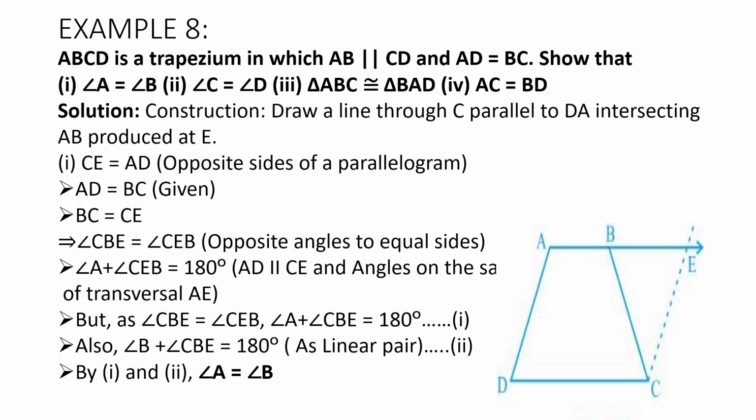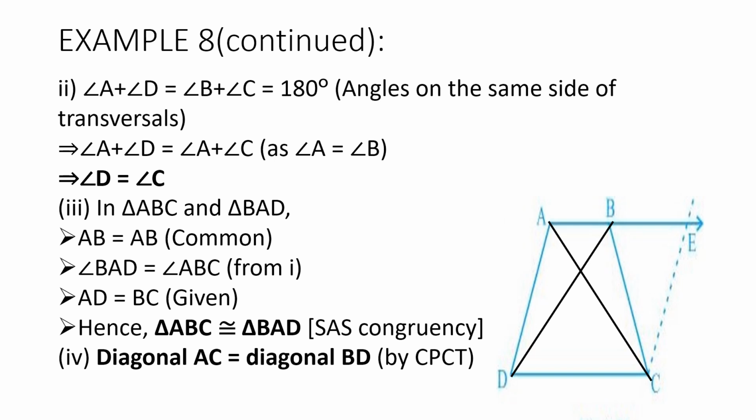So now we have angle A plus angle CBE is 180 degrees. Also angle B and angle CBE form a linear pair, so their sum is also equal to 180. So from the first and second points, we have shown that angle A and angle B are equal.